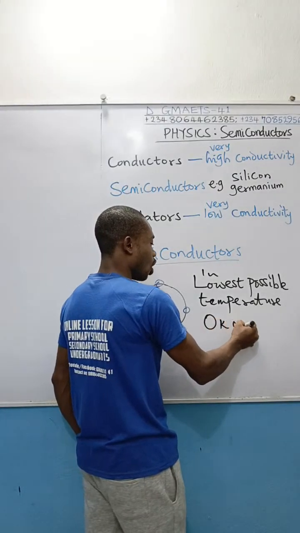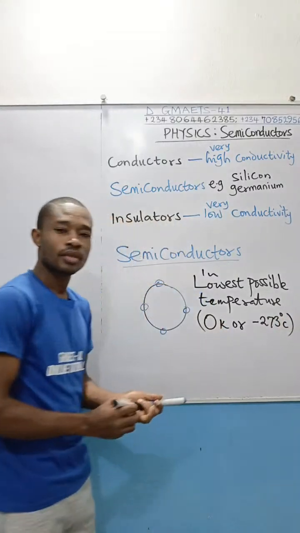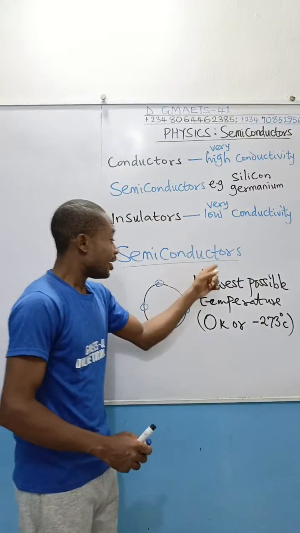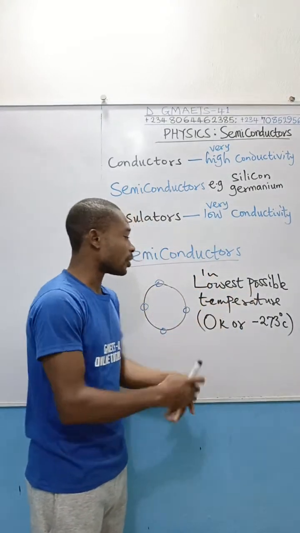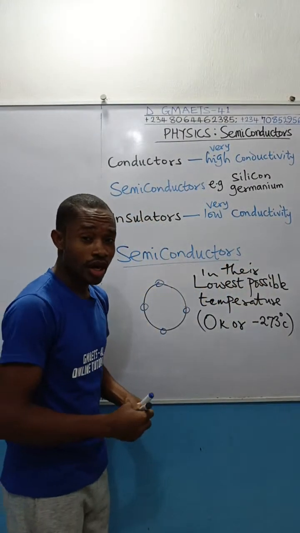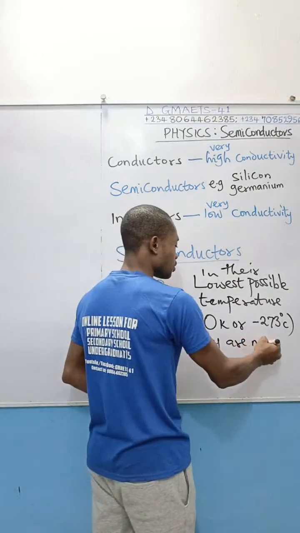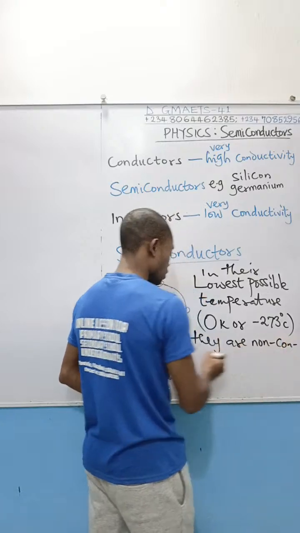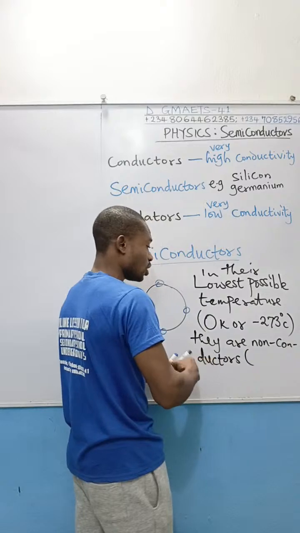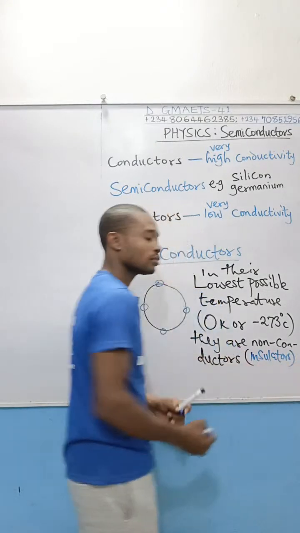At this temperature, they do not conduct electricity. In their lowest possible temperature, they do not conduct what? Electricity. So I can simply write they are non-conductors, which means that under this condition, they behave as what? Insulators.